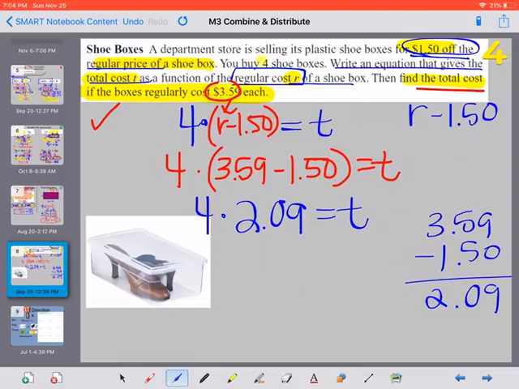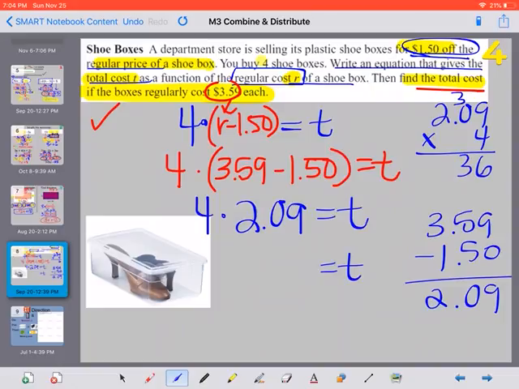Now you could multiply 4 by 2 and 4 by 9 cents, or you could just plug it in your calculator. I'm going to actually multiply it out. We have $2.09 times 4. 4 times 9 is 36. 4 times 0 is 0, plus 3 is 3.